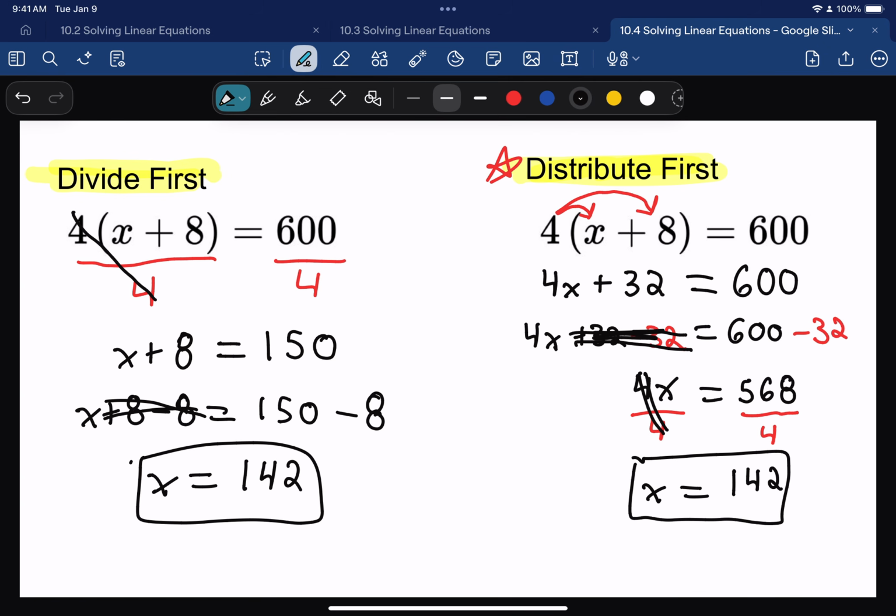And we can see we got the same answer both ways. So neither one of these ways is right or wrong. Find which way makes the most sense to you, and you can use it going forward in solving these types of equations.